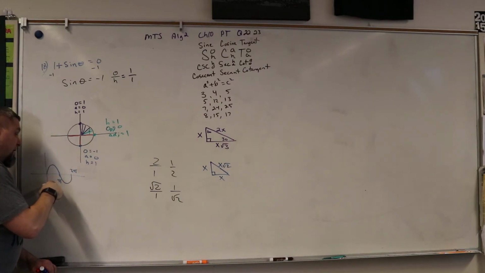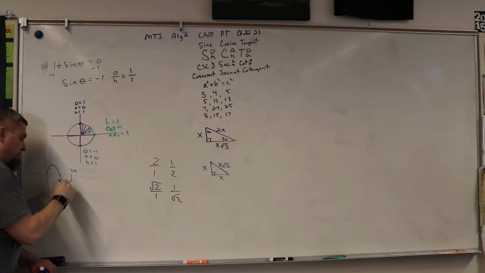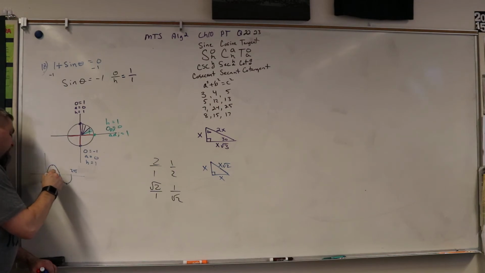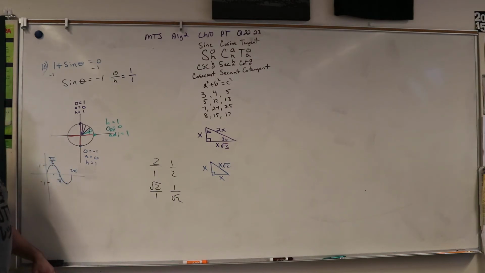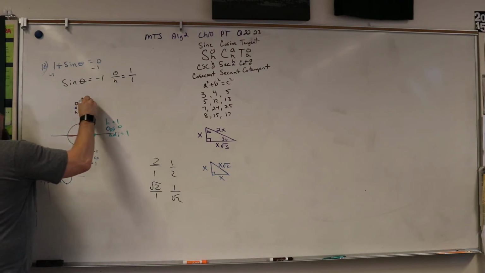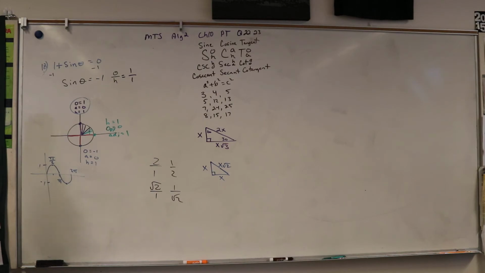At pi we're at 0 right here, and that makes sense because that's negative 1 and this is 1. And this is pi over 2, or half pi, which is 90 degrees. So that fits that graph.